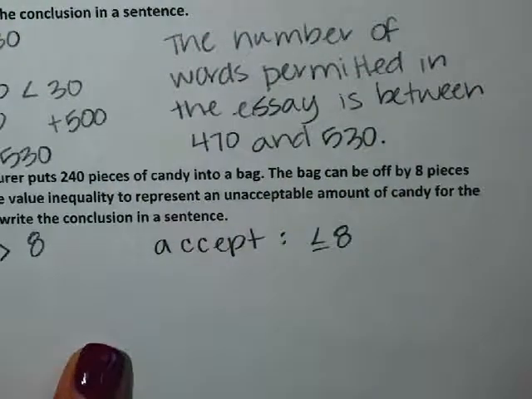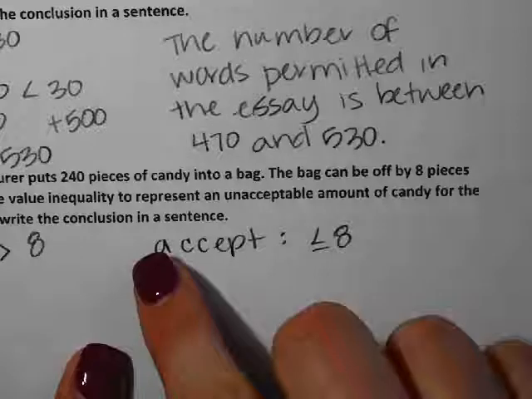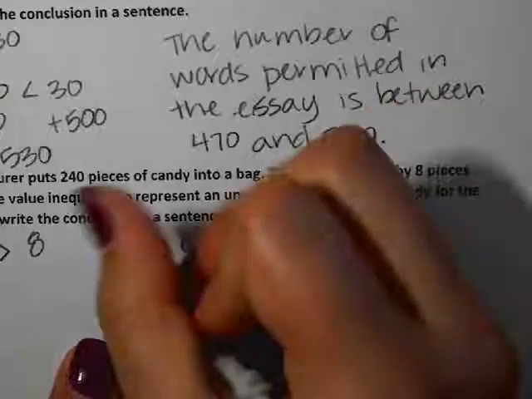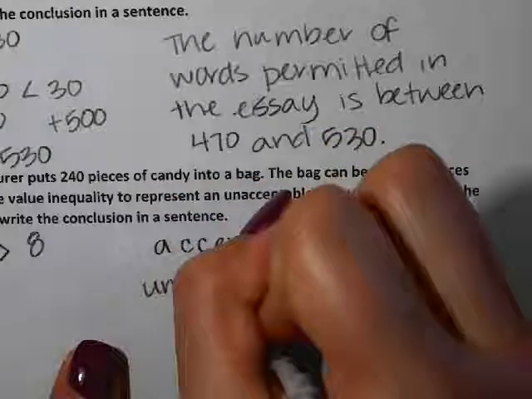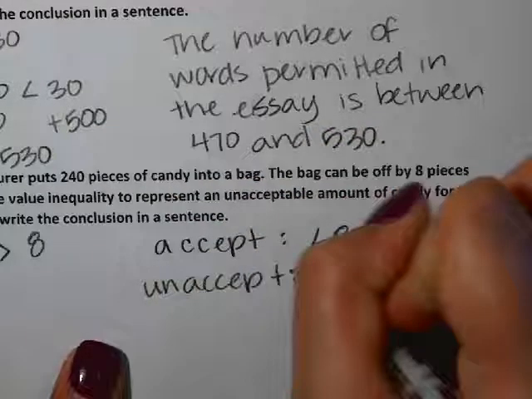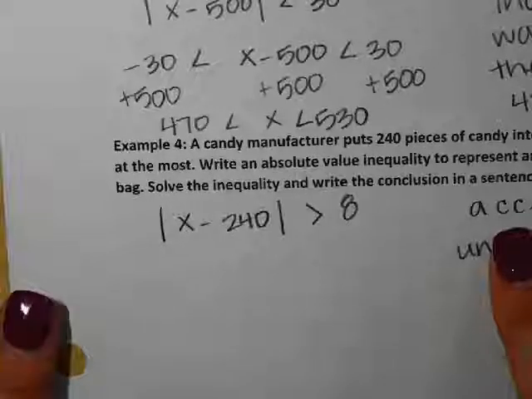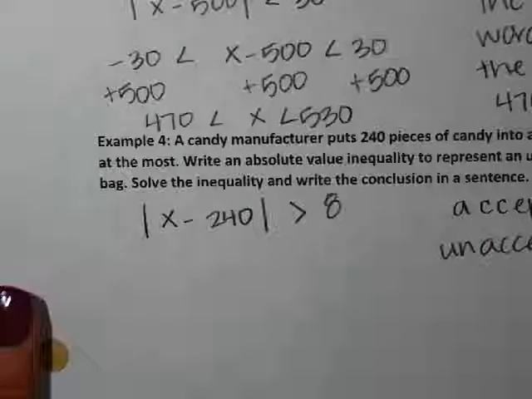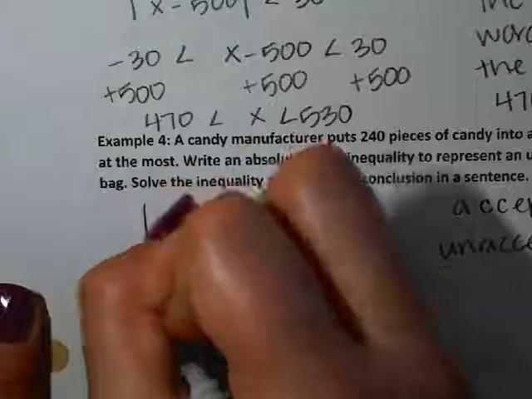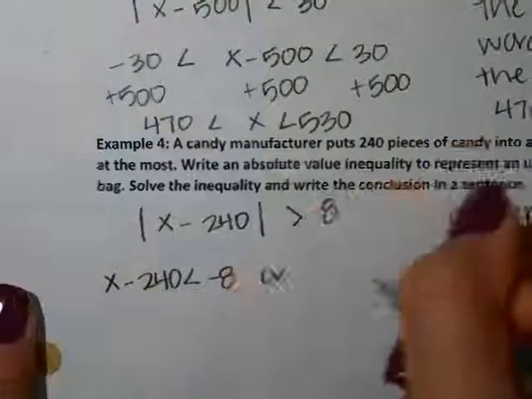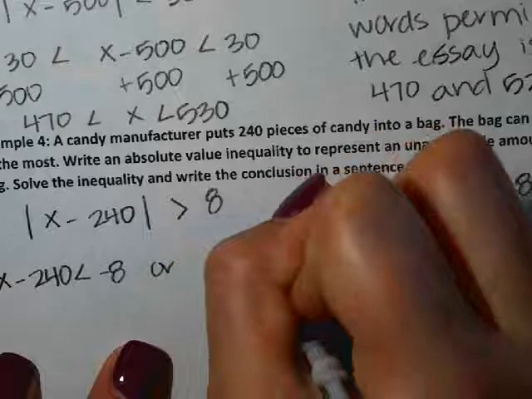At the most 8. But the problem is asking what is an unacceptable amount of candy. So the opposite of that would be unacceptable, and greater than 8 would be the opposite of that. Okay? All right. So now what do we do? Greater. So we're going to say x minus 240 is less than negative 8, or x minus 240 is greater than 8.